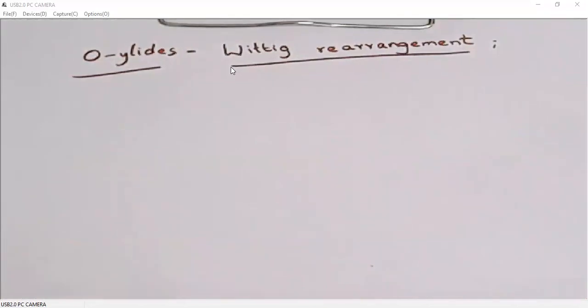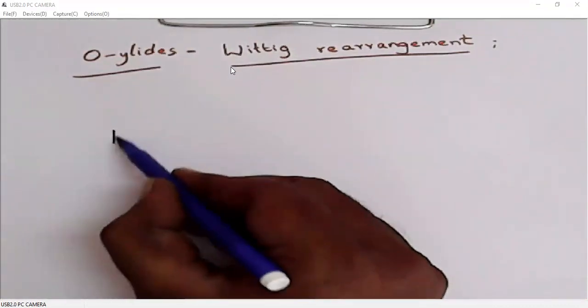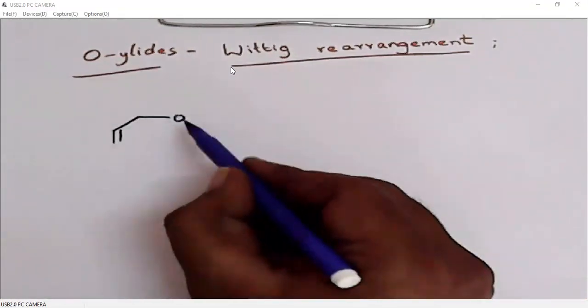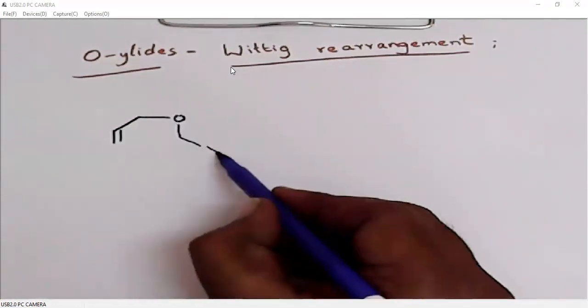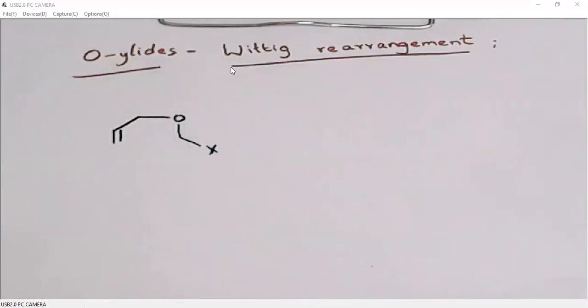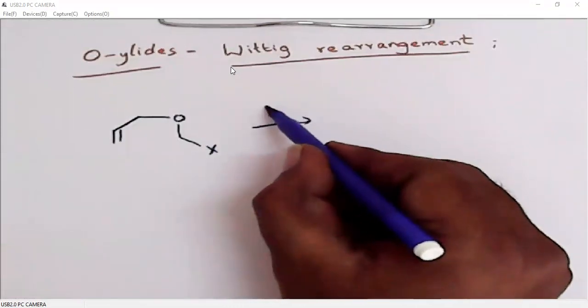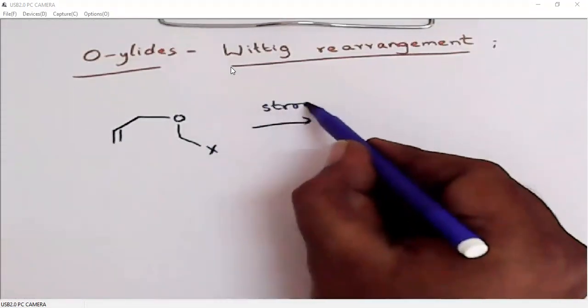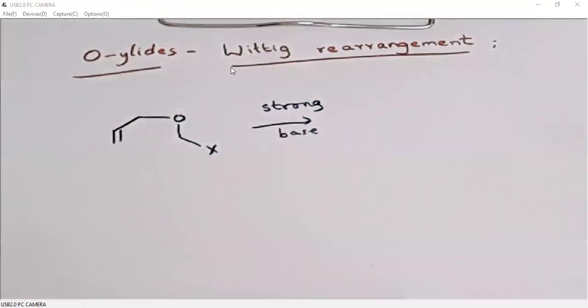What is this Wittig rearrangement? If we have some additional group, and we treat this with some strong base, then what happens?